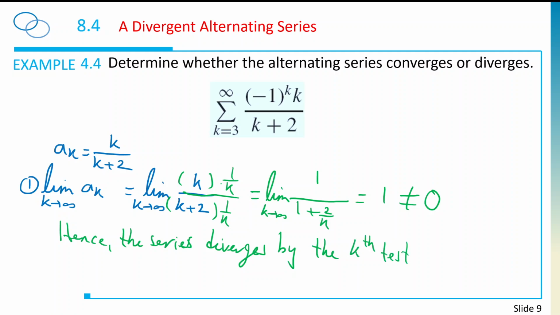You see here, I didn't mention the alternating series test, because always the first condition, if the series fails the first condition, this is basically the kth test. Okay, again, from the beginning, you can check yourself that it equals 1, it's clear, but you need to show that. So clearly, if you look at the degree, they are the same, so you know that it will equal 1. But we just need to add one additional step to show that.